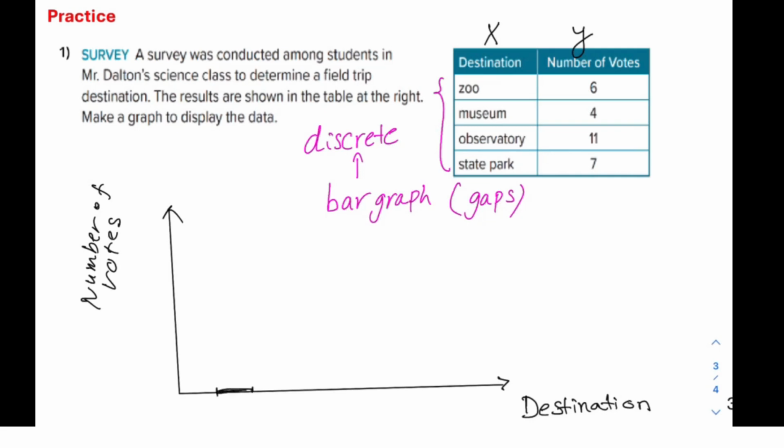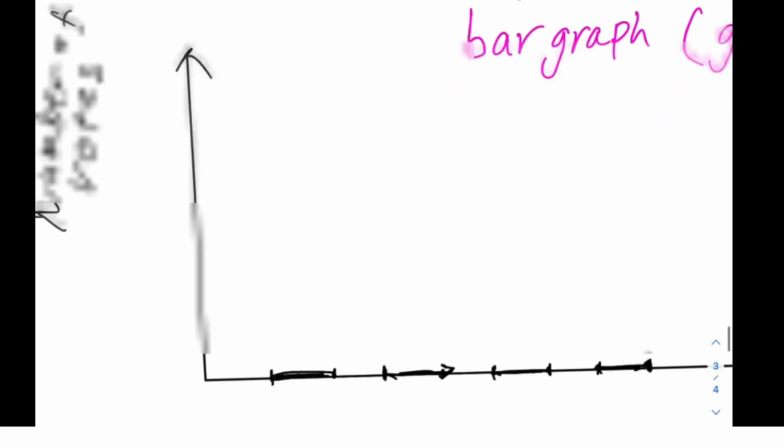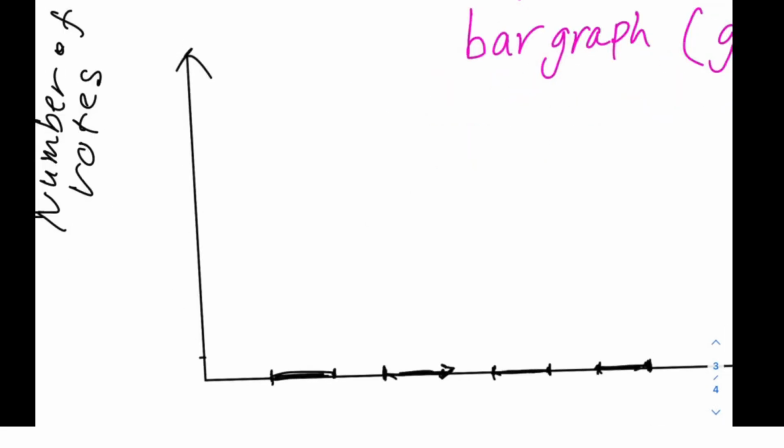This will be for zoo, and we will keep a gap, and this will be for the museum. This will be for the observatory, and this will be for the state park. I'm trying my best to have them equally distributed and equal length as well. Now, as you see here, for the number of votes, the minimum number of votes is 4 and the maximum is 11. So we can scale it by 1.